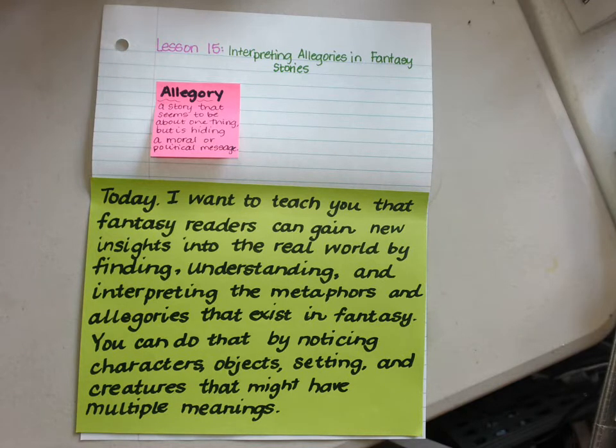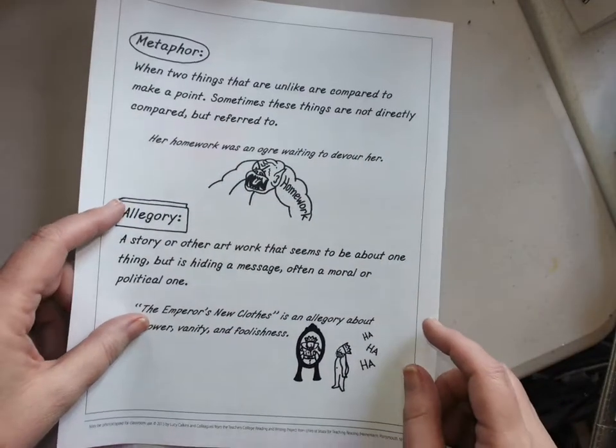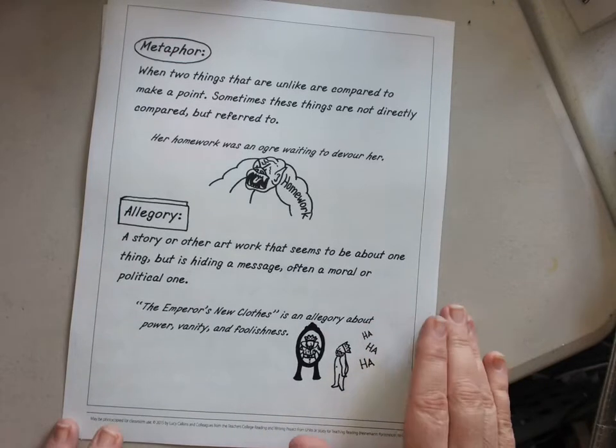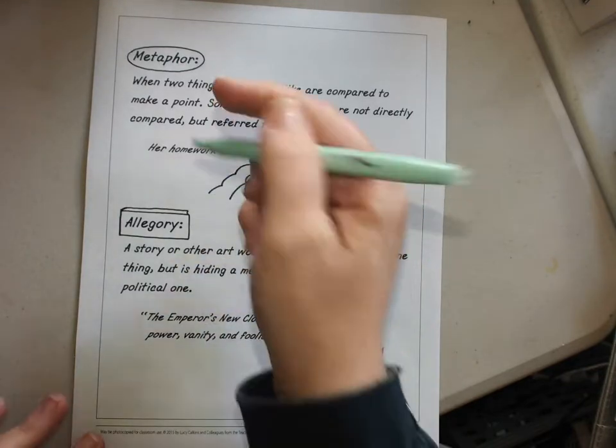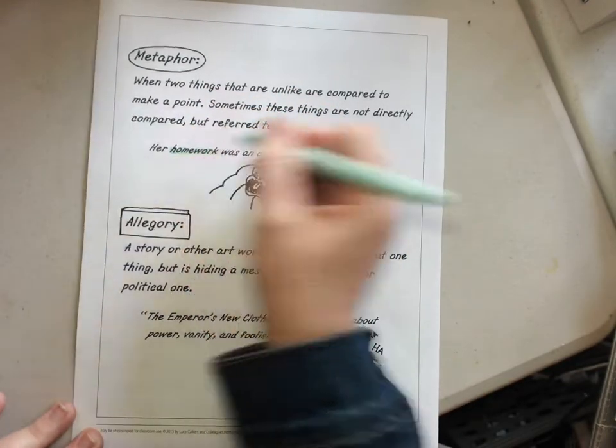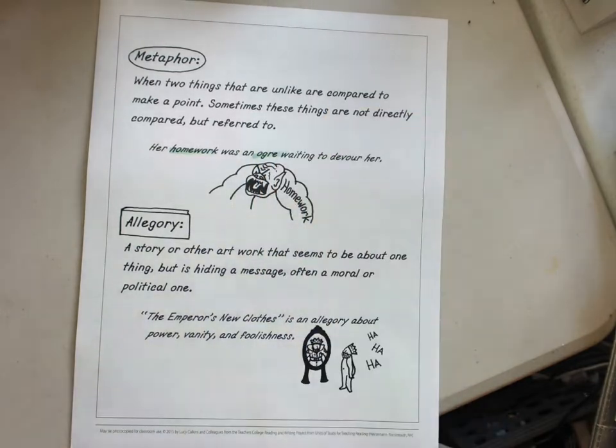So here's a little anchor chart that we would be gluing in if we were in class today. And this shows you a metaphor. It says when two things that are unalike are compared to make a point. Sometimes these things are not directly compared, but they're referred to. So her homework was an ogre waiting to devour her. So the two things that are being compared here are homework and ogre.